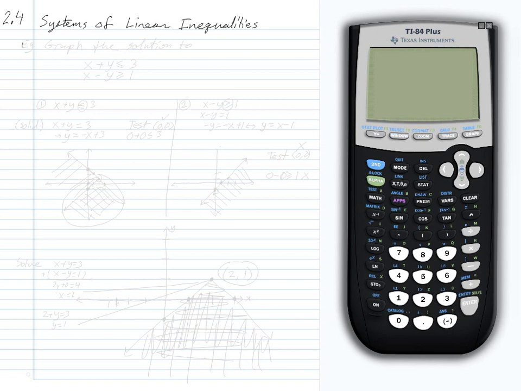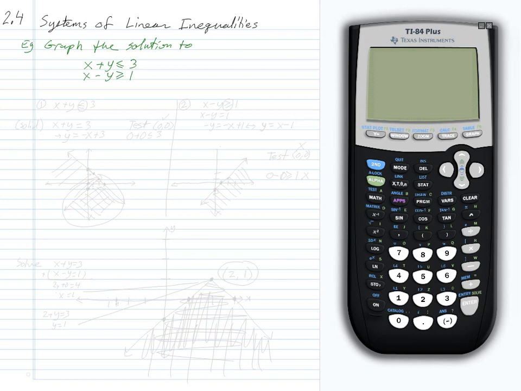So for instance, let me graph the solution set to this system of inequalities: x plus y is less than or equal to 3, and x minus y is greater than or equal to 1. Okay.